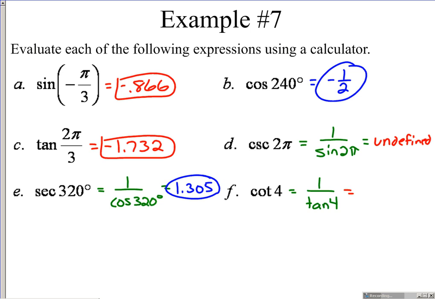And letter F, 1 over the tangent of 4 was 0.864. Okay, going back up here to D, 1 over the sine of 2 pi. Let's think about that. Sine of 2 pi, we rotate once all the way around, which takes us to that quadrantal angle at (1, 0). Sine we know is the y coordinate, so that's how we get 1 over 0 there, and that's why you get an error when you plug that into your calculator.